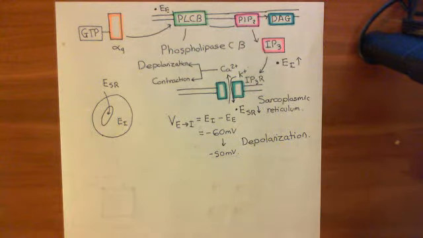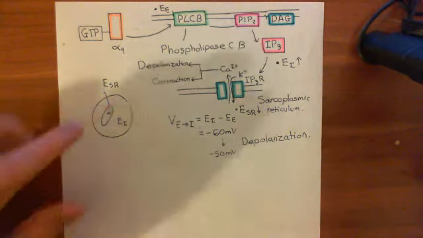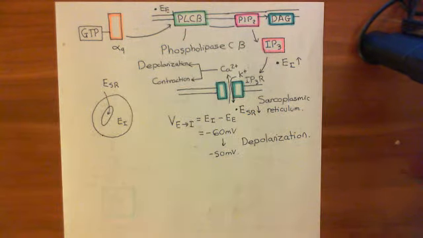Usually these experiments are done on pre-constricted vessels because you can see a more pronounced relaxation effect. If your blood vessel's already relaxed, are you going to see any more relaxation? Potentially not. If your blood vessel's not already depolarized, are you going to see any hyperpolarizing effect? Maybe not.